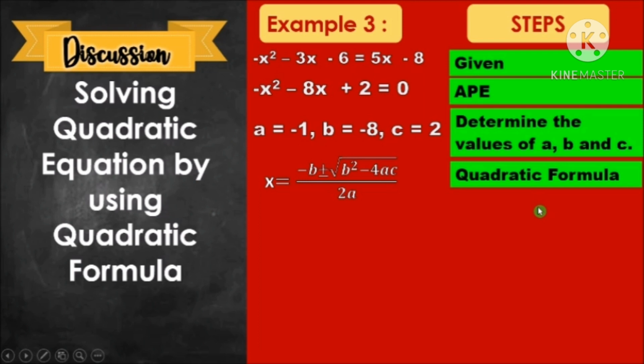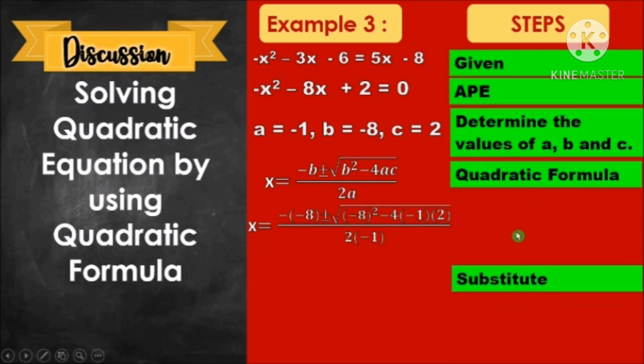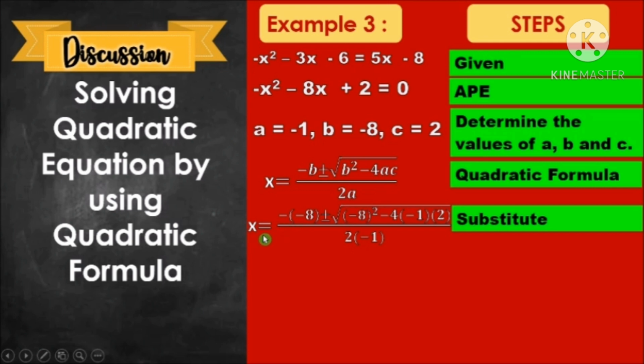Then, copy the quadratic formula. So, we have to substitute it now. So, x is equal to negative times the value of b, which is negative 8, plus minus square root of b, which is negative 8, quantity squared, minus 4 times a, which is negative 1, times c, which is 2, all over 2 times a, and a is negative 1.